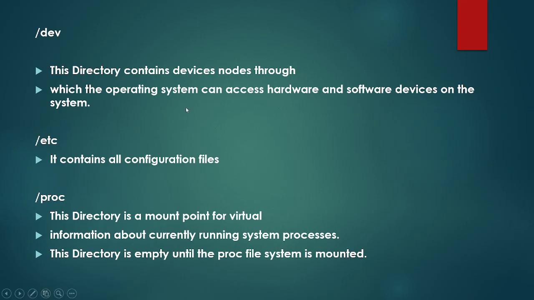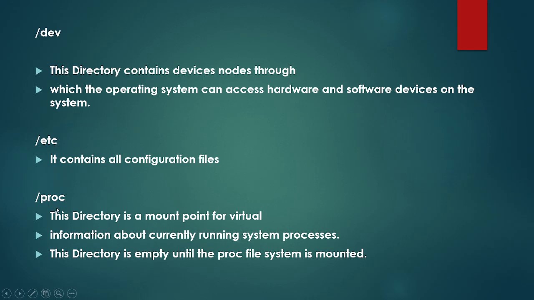Slash etc: it contains all configuration files. Suppose you install any software packages like SSH, Nginx or HTTPD. The configuration files related to that package are present under the slash etc directory.